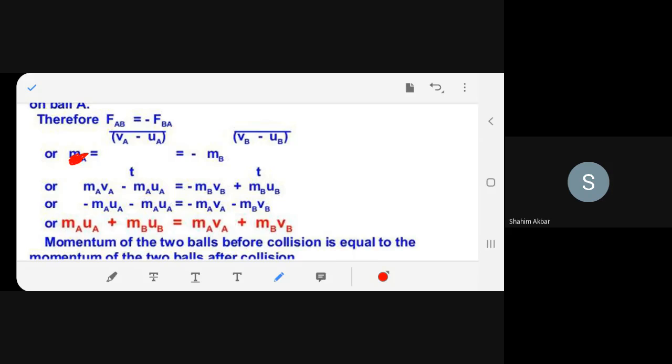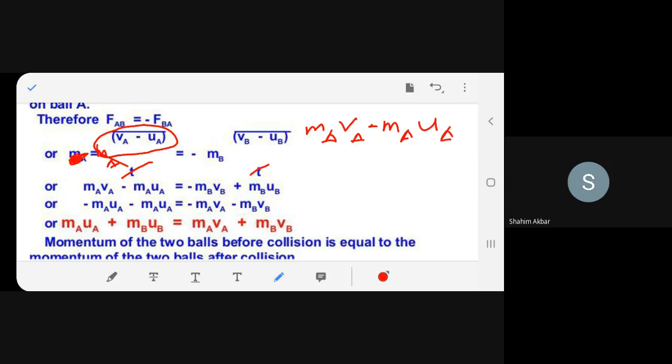This T and this T get cancelled. So if you multiply, it becomes MA VA minus MA UA. Okay, this is what we have done.